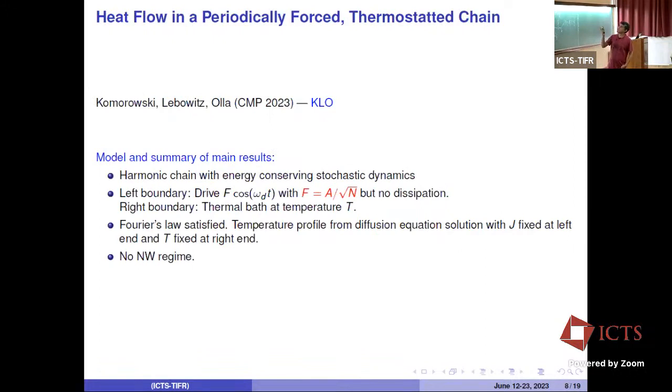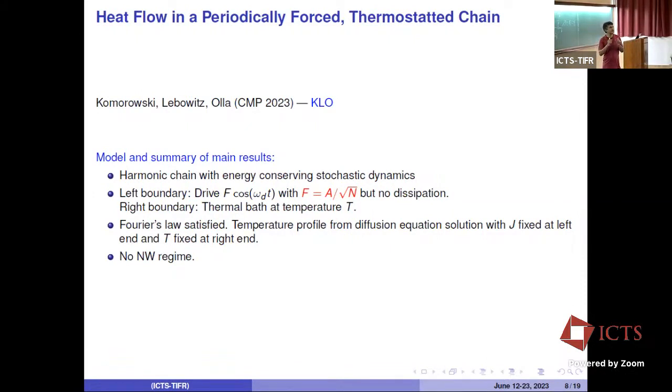Now let me talk about another paper. Again, a very recent paper, in Communications in Mathematical Physics, 23, by these people. Here they again looked at a very similar setup where you have a chain, but the model is slightly different. It's a harmonic chain, and it's not completely Hamiltonian.